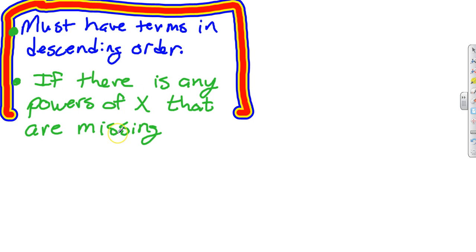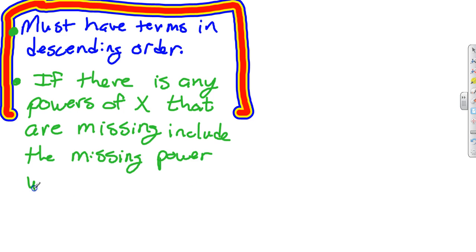If there's any powers of x that are missing, include the missing power, and write that with a zero coefficient.